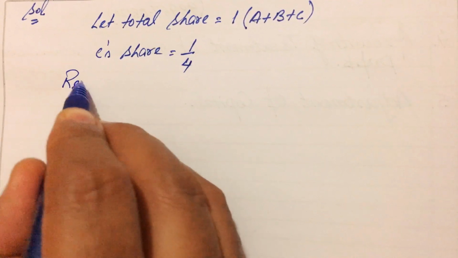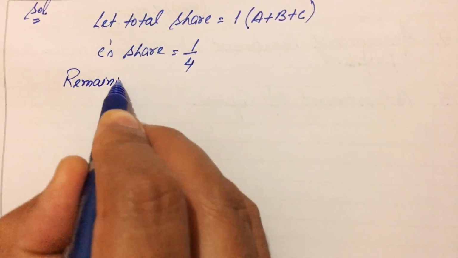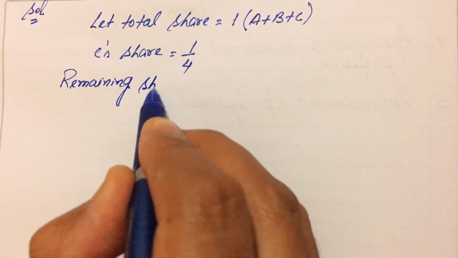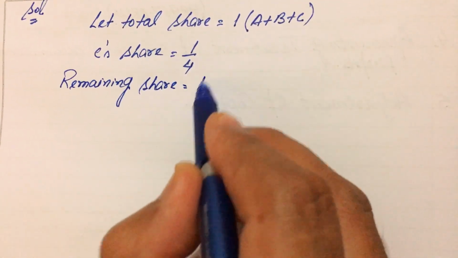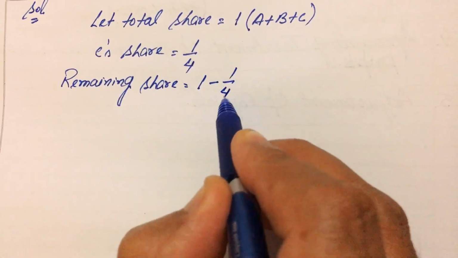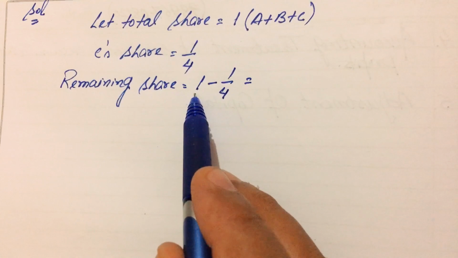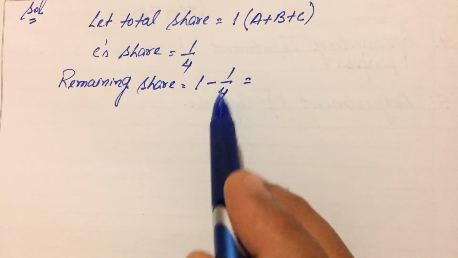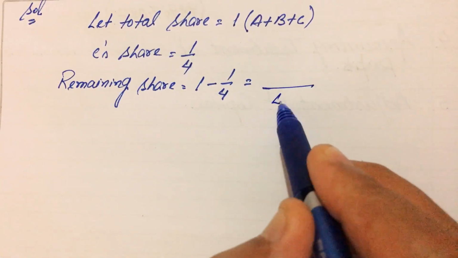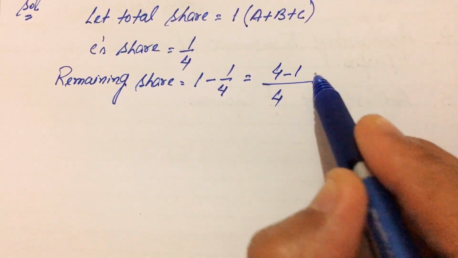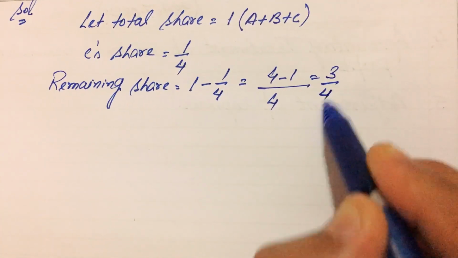Now we will find out the remaining share by subtracting the new partner's share from the total share. That means 1 minus 1/4. 4 will be the LCM. 4 minus 1, that is 3/4.